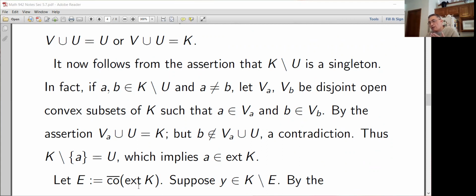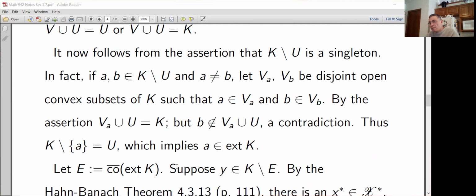Suppose K is not equal to E, then there's a point Y in the complement of E. But this E is a closed and convex set.